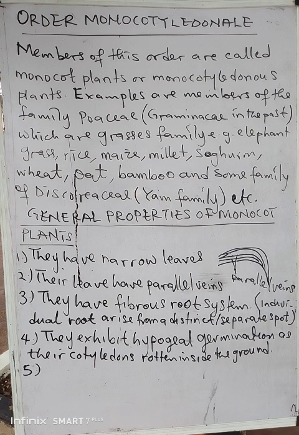Then, even from the name, what does mono mean? Mono means one. So they are called monocotyledonous plants because they have only one seed leaf. Have you seen maize before?